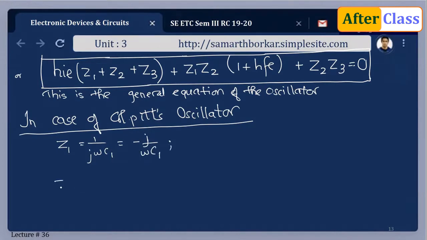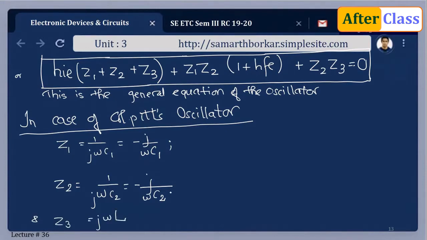Z2 is 1 upon j omega C2, which again can be written as minus j upon omega C2, and Z3 is j omega L.